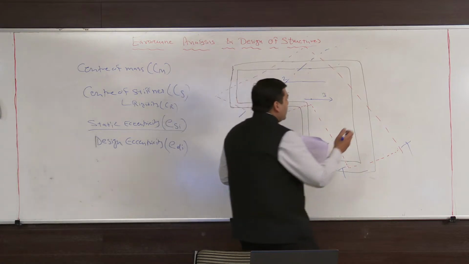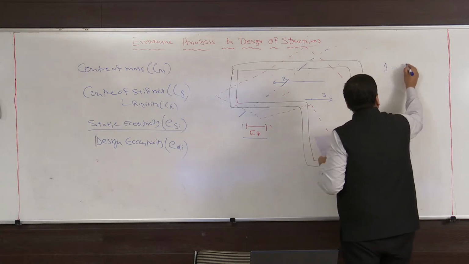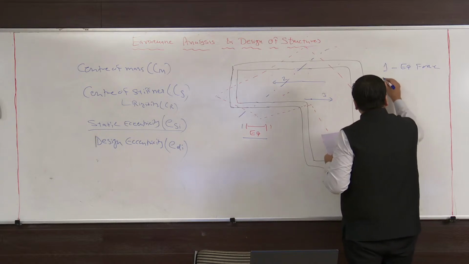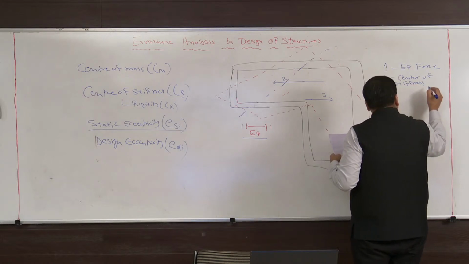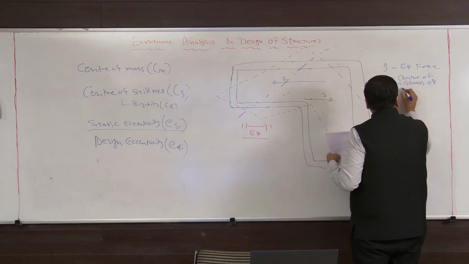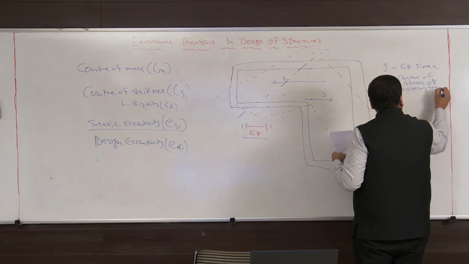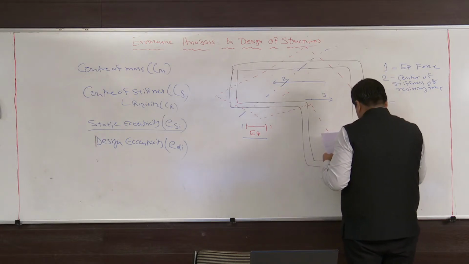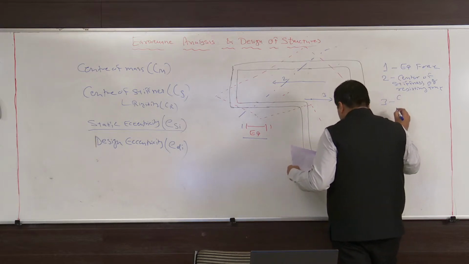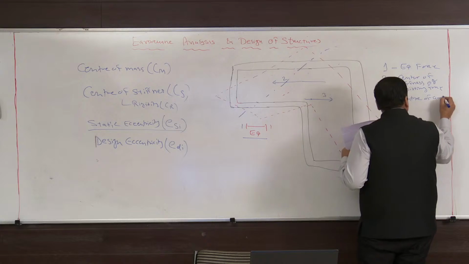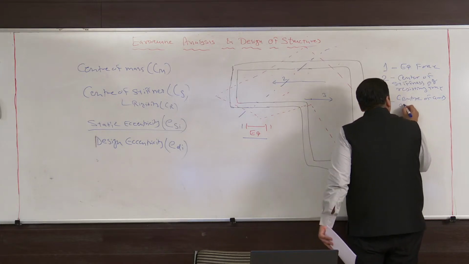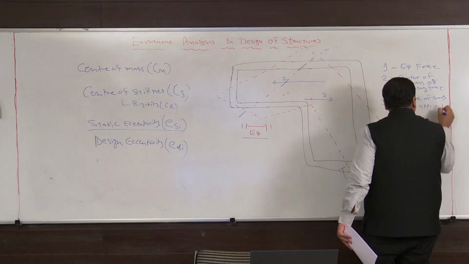Point 2, you just write down here: 1 is earthquake force, 2 is center of stiffness or resisting force, third is center of mass, what else can we say, center of gravity, or the applied inertia force.